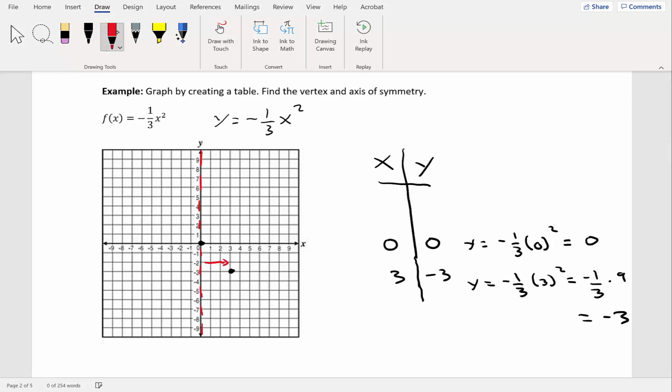Since this x-coordinate is 3 units away from my vertex, if I go 3 units in the other direction, my y-coordinate has to be the same, which puts me at (-3, -3). And now I have another point. If you actually check it, if I plugged in -3 for my x, you'll end up with -3 for your y. But I didn't actually have to plug it in because I used the axis of symmetry to figure out that other point.